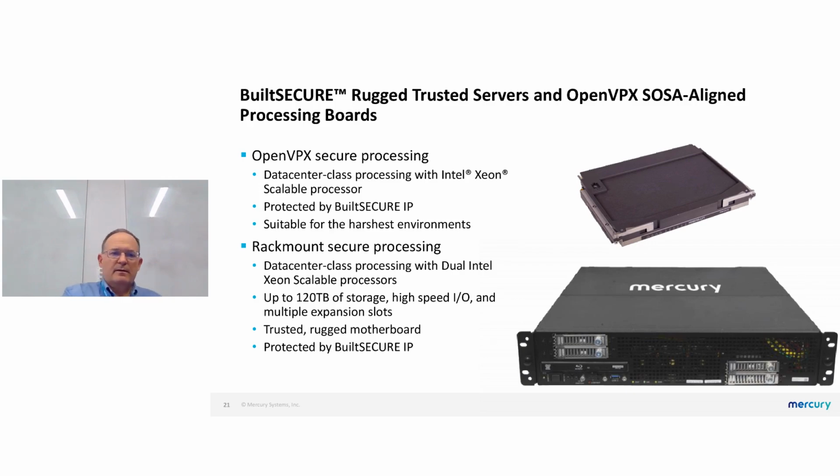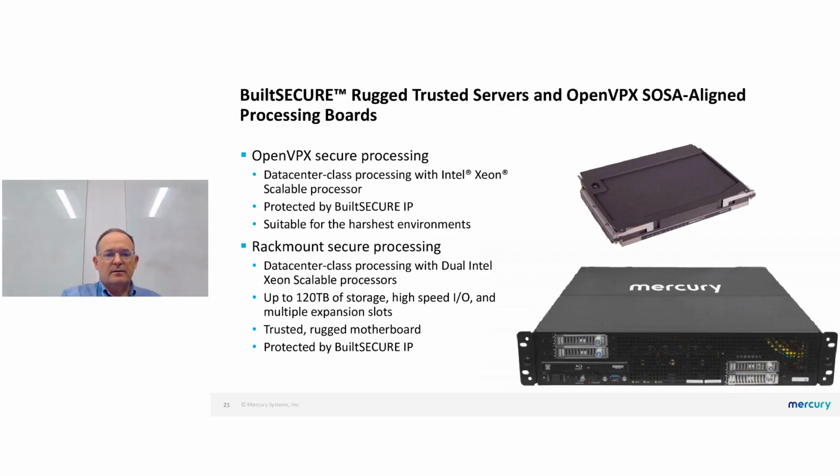The next thing I want to talk about are some of Mercury's built secure, rugged, trusted servers and their related OpenVPX SOSA line processing boards. And the OpenVPX secure processing solutions, we have up to data center class processing with Intel Xeon processors in a 6U VPX form factor.